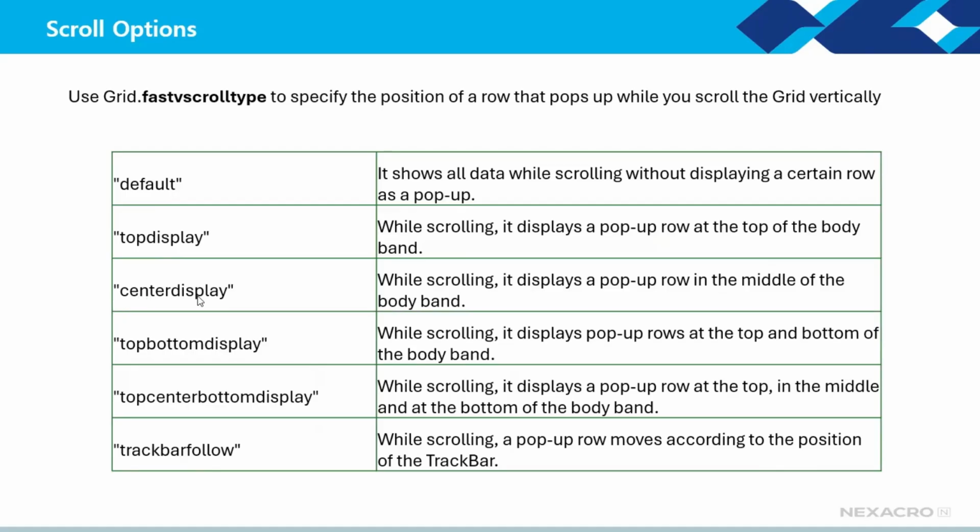Center display will display the pop-up in the middle of the grid. Top, bottom display, so it will display one at the top and one at the bottom. Top, center, bottom will have 3 rows at the top, center, and bottom. And the track bar follow, so it will scroll as we move the scroll bar.